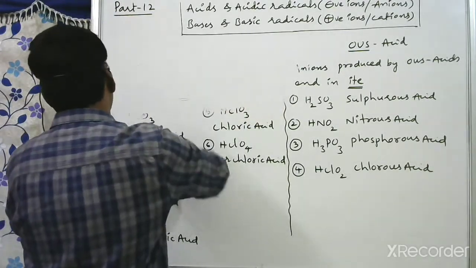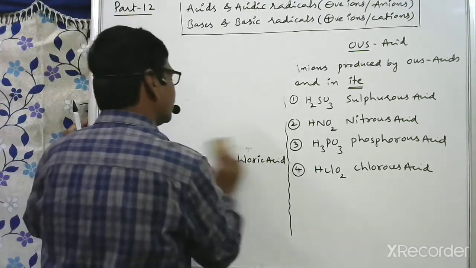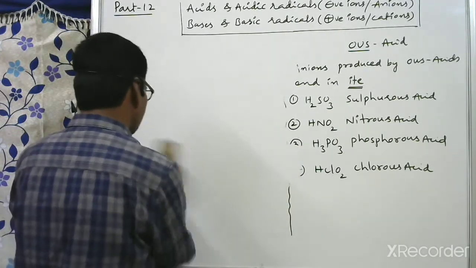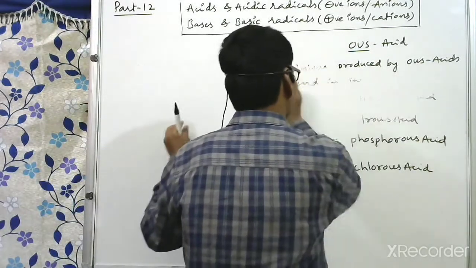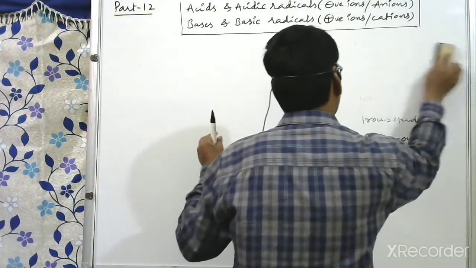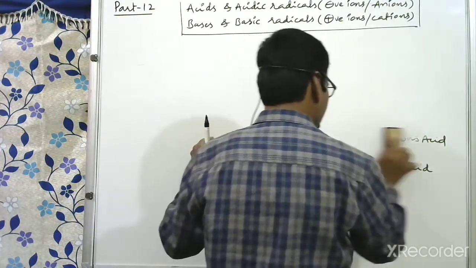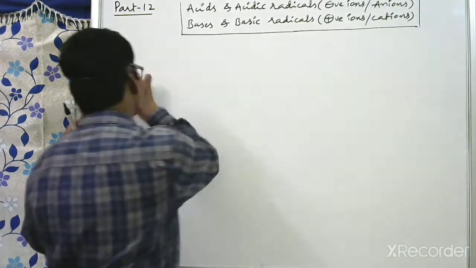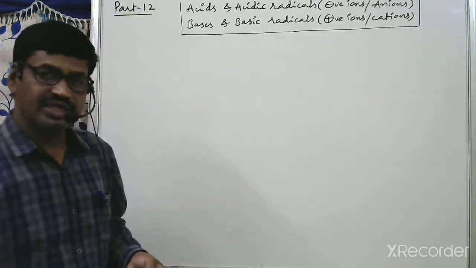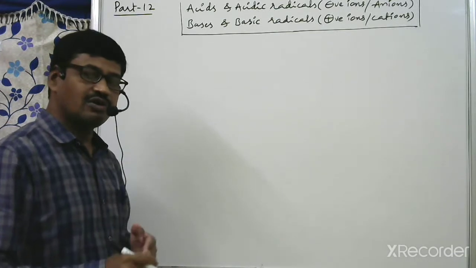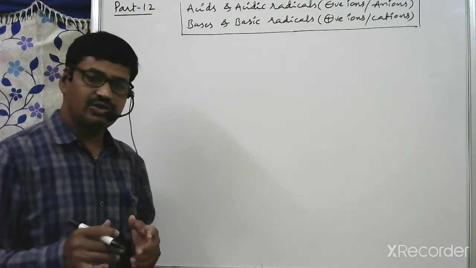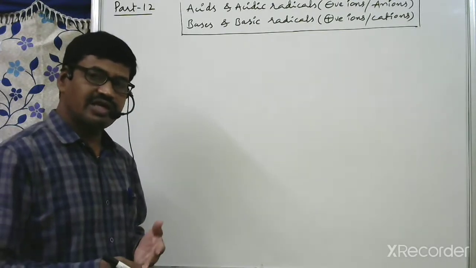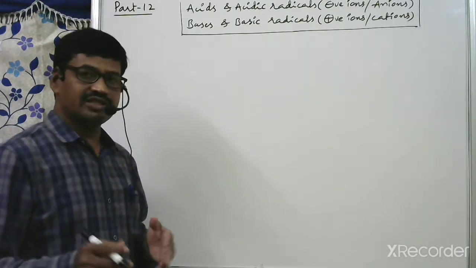Whenever you remove positive charge from any neutral species, the remaining part will take the opposite charge, that is minus. If you remove n number of positive charges from any neutral species in terms of hydrogen plus ions, then the remaining part carries n number of negative charges.